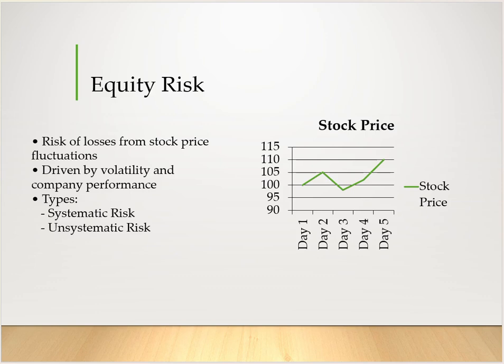So systematic risk covers the entire market, and unsystematic risk is specific to the organization. For example, a 10% drop in the Nifty 50 affects the equity portfolio; how will it affect the equity portfolio?